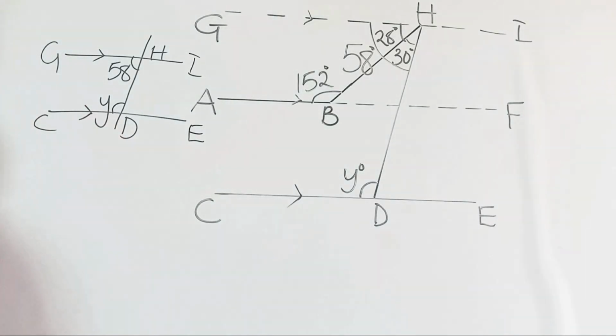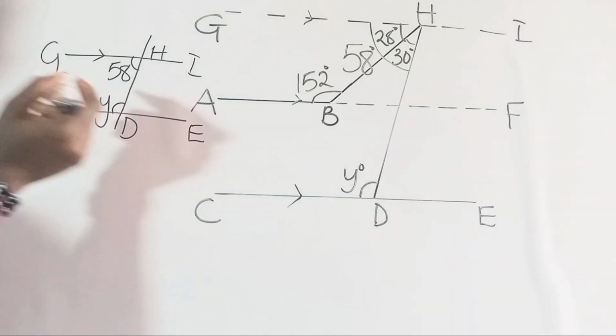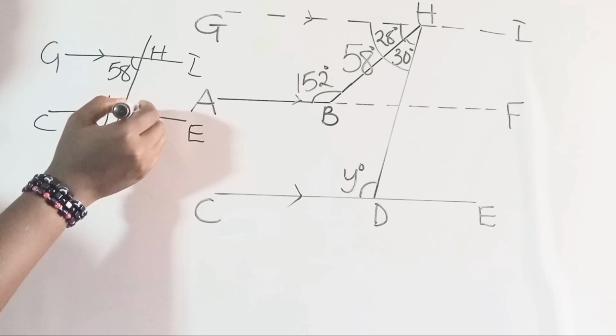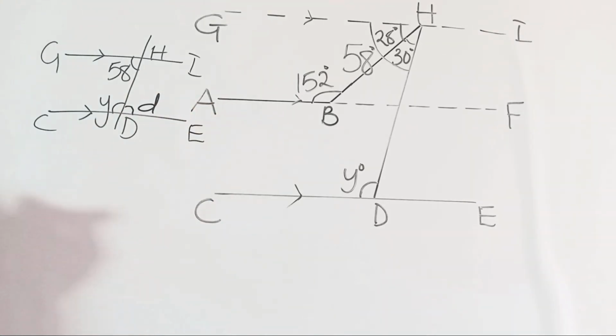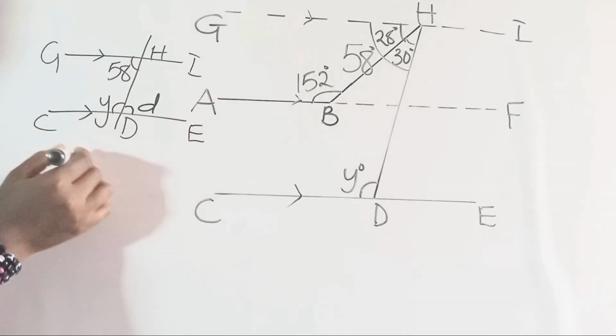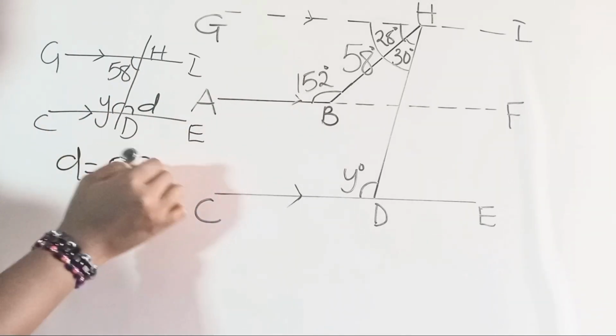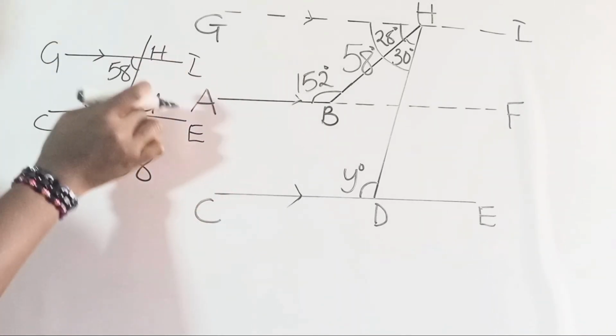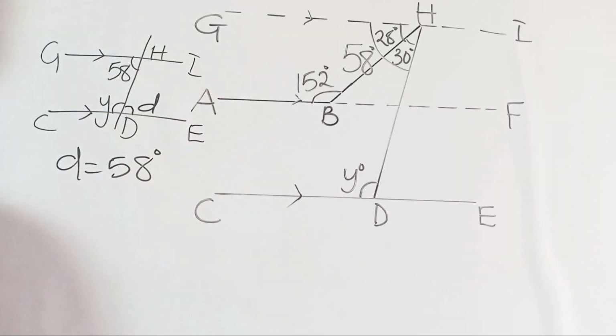The second method I'm going to use to find y is to first find this unknown angle here. Let me call it d. Since this angle is 58, d equals 58 degrees, because they are alternate angles or Z angles.